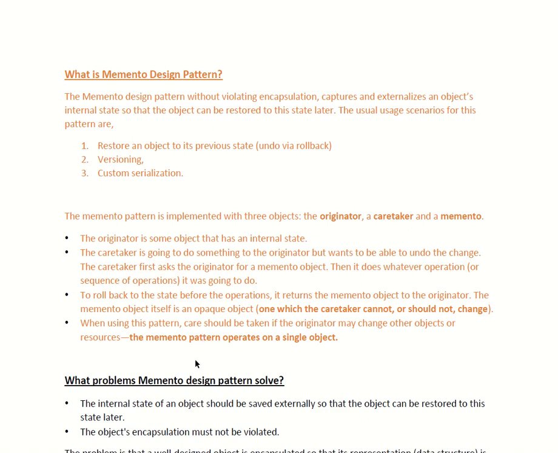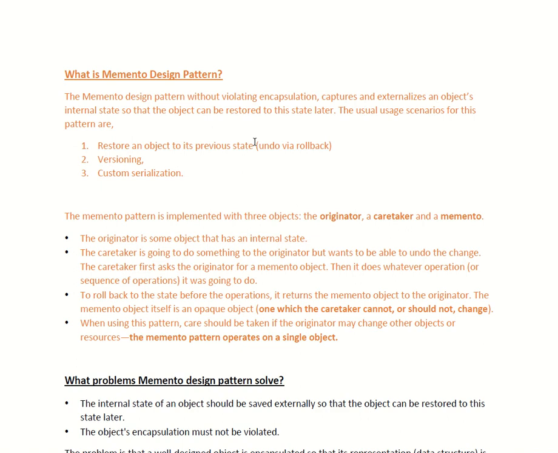Basically, without violating the encapsulation principle of object-oriented programming, where you keep things which are internal to a class inside a class, such members are not accessible to outside programming objects, which are outside of your class.